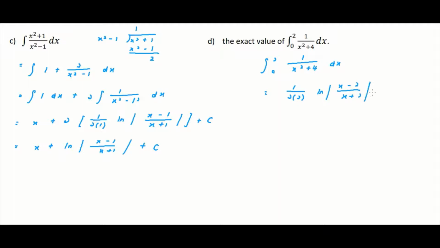So my question is, is this correct? When you check it, you see that for this part, x minus 1 and x plus 1, when you multiply them together, you get back the denominator, which is x squared minus 1. But when you try to do this and multiply them together, you are not getting x squared plus 4.